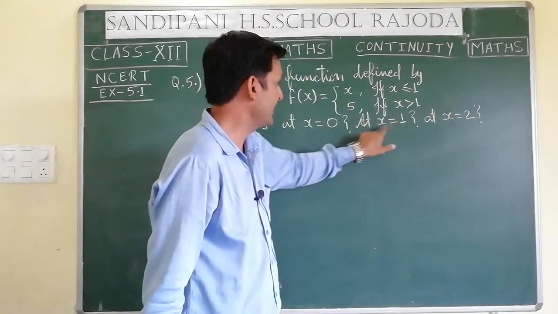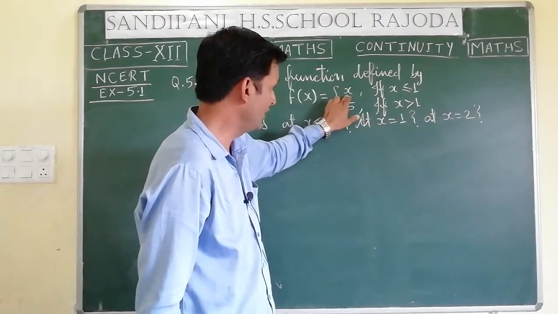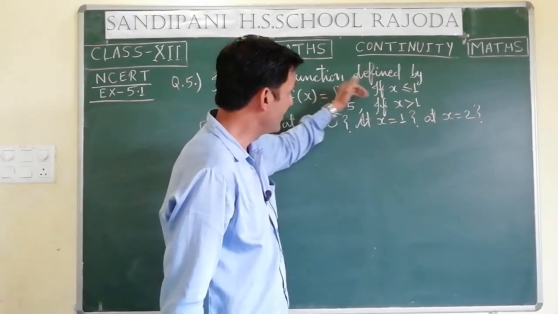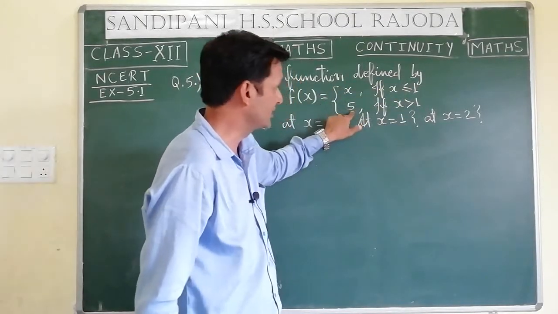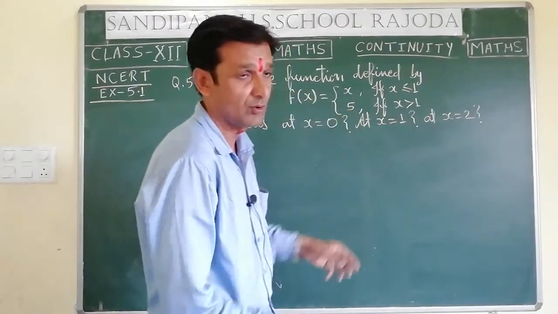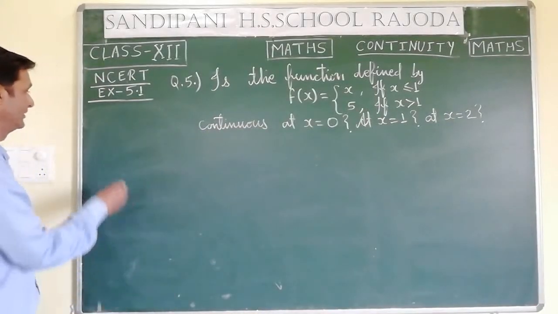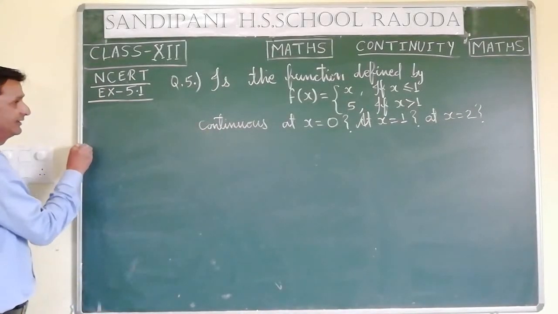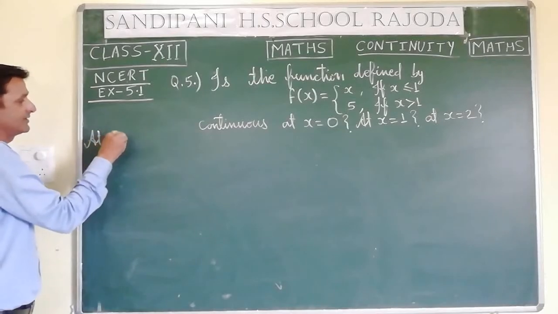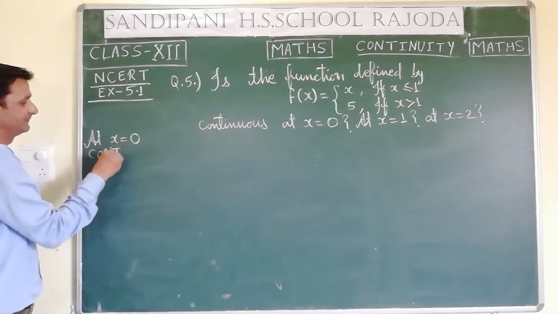At x is equal to 1, at 1 minus this only, but at 1 plus we have to put this value, and at x is equal to 2, only this will be applicable. So let us check the continuity at all the 3 points. At x is equal to 0, continuity test.